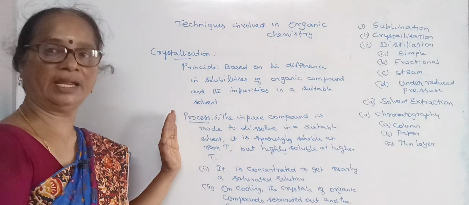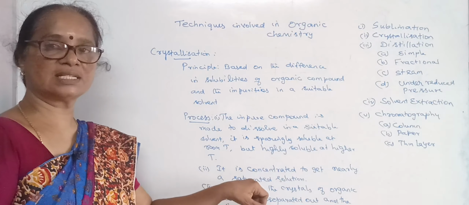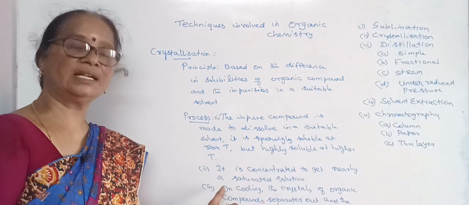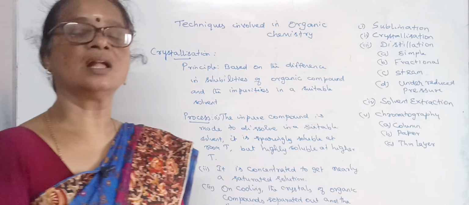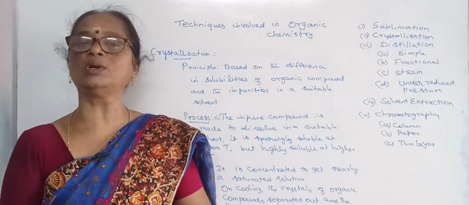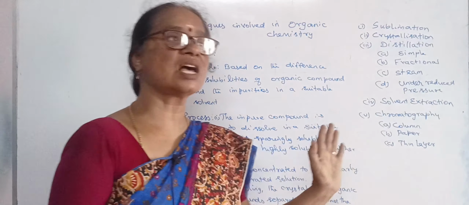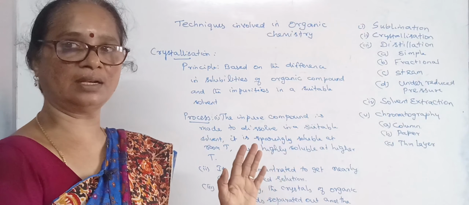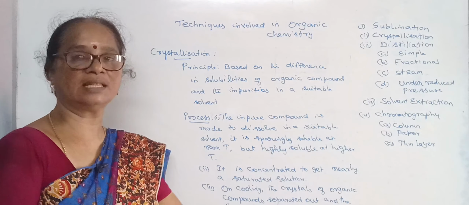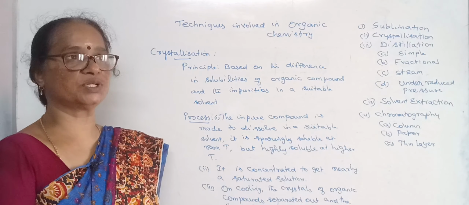It is allowed to concentrate on heating. Once it reaches its saturation point, the solution is allowed to cool down. During this, the crystals of the organic compound will separate out and on filtration, the impurities are removed.